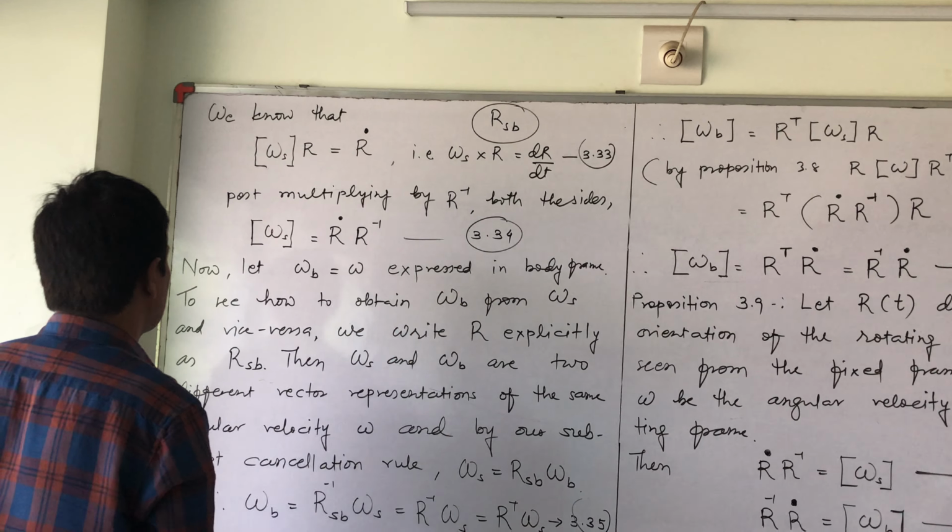We write R explicitly as RSB. Wherever it is R, it is RSB. Then omega S and omega B are two different vector representations of the same angular velocity omega, by our subscript cancellation rule.